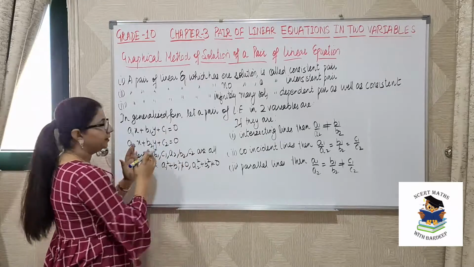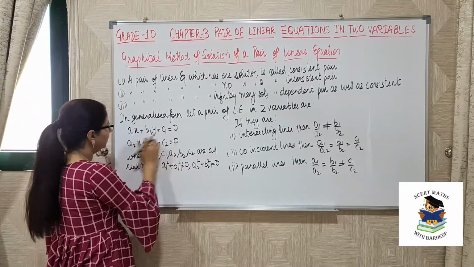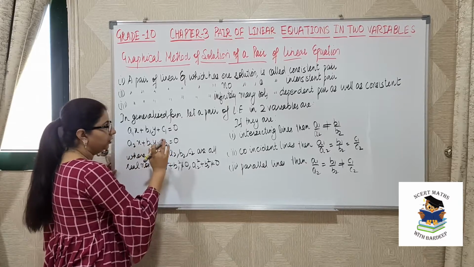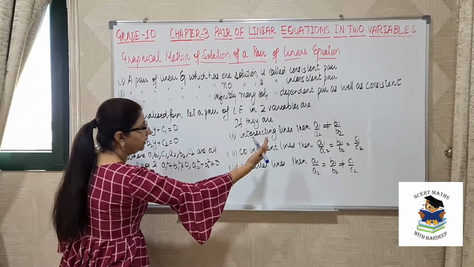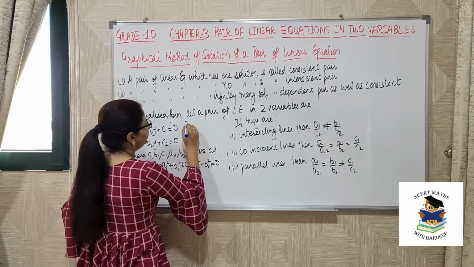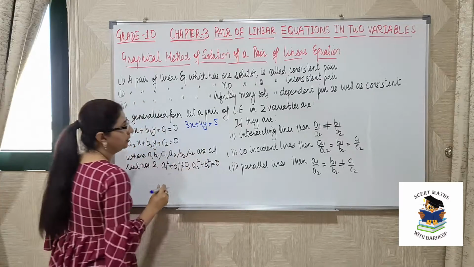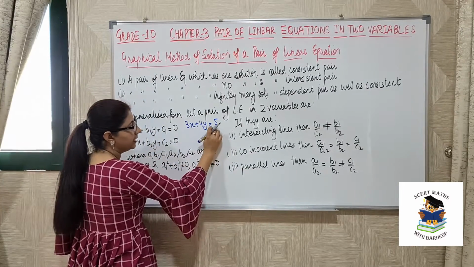That means when any pair is given to us, we will recognize a1, b1, c1, a2, b2, c2. Make sure that the right hand side is always 0. Sometimes the equation will be given as 3x plus 4y equals 5. So we will not consider this 5 as c1.